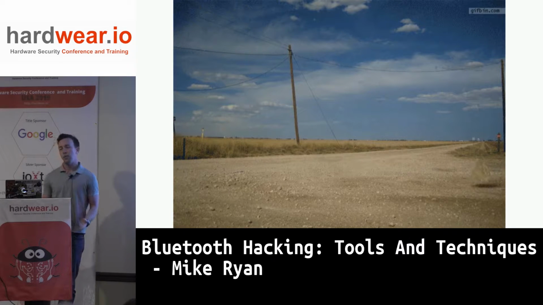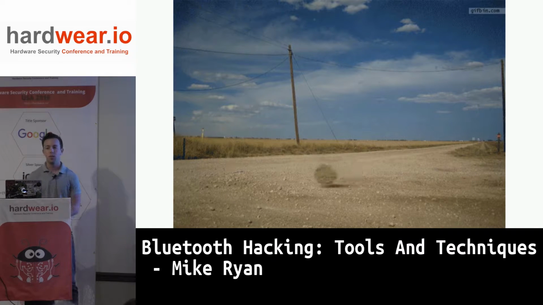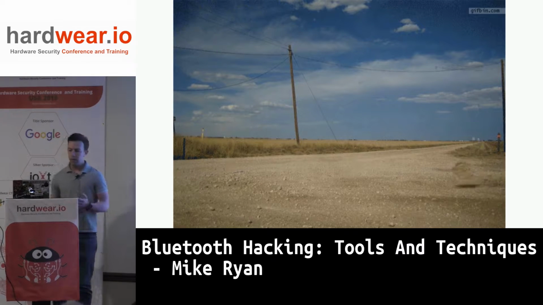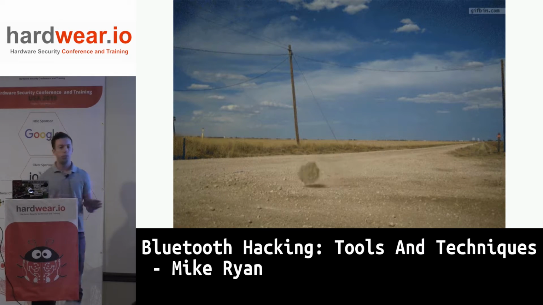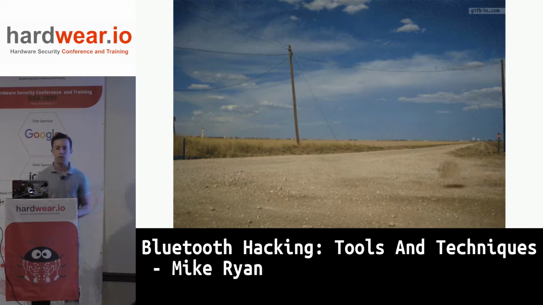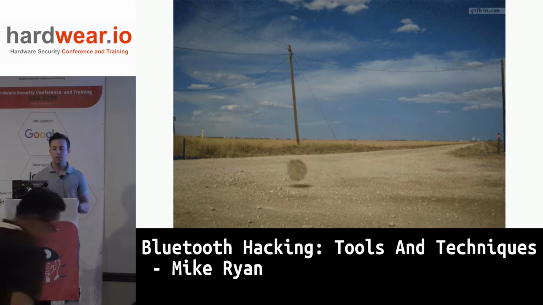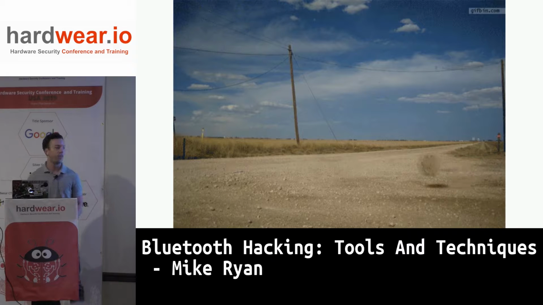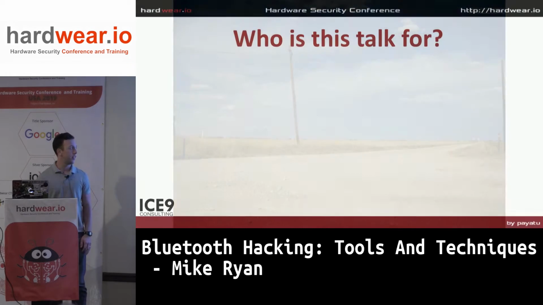You can't just pop open Wireshark and sniff Bluetooth the way you can with Wi-Fi or Ethernet. So I want to dispel the notion that Bluetooth is mysterious or unreachable. It's actually very possible to get into Bluetooth right now with tools that you already have, and that's what we're going to be focusing on today.